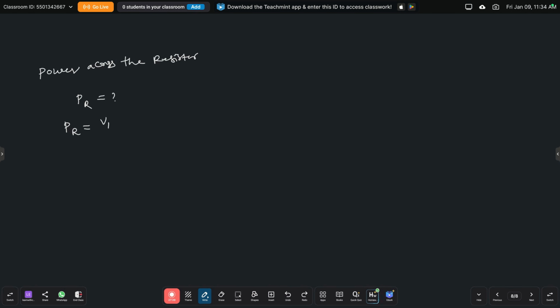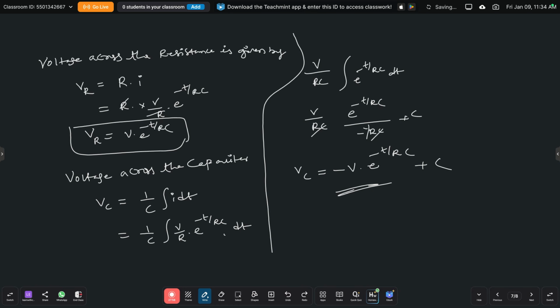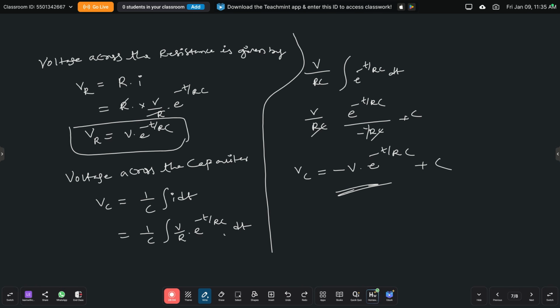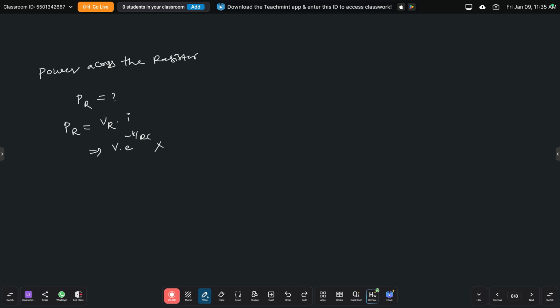PR is equal to VR into I. Substitute here: VR, which we got previously, is V into e power minus t by RC.